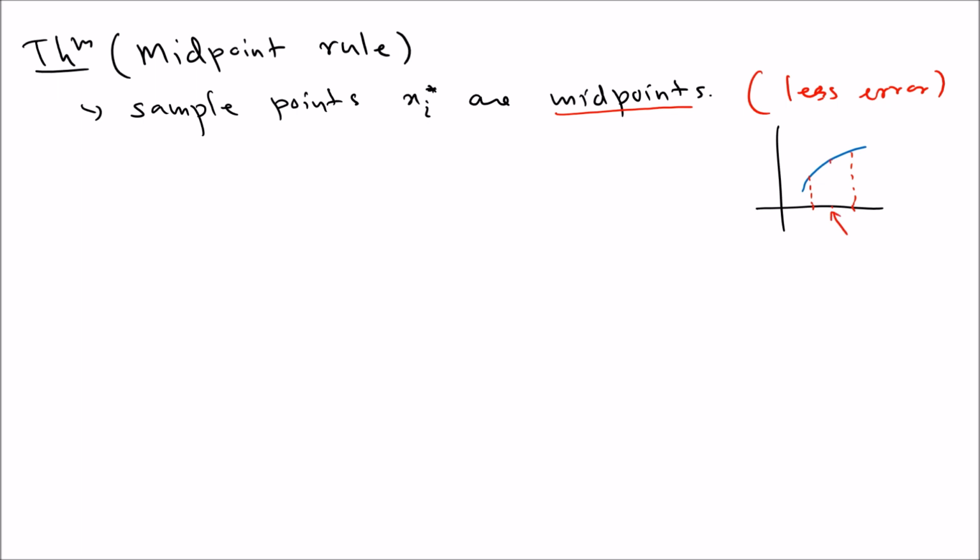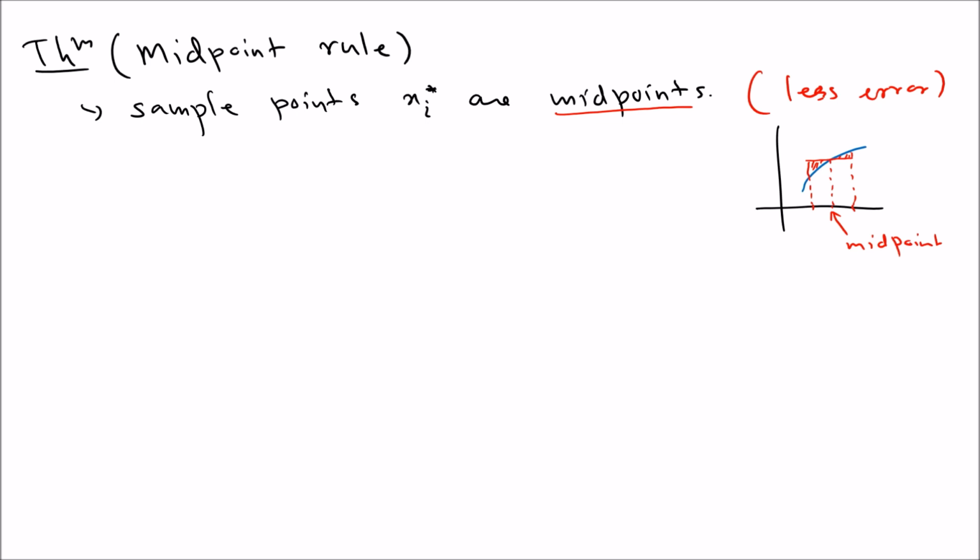Once you pick the middle point, that's the area we're talking about. In this case, there's an overestimate here and an underestimate there. You can see they are kind of close to each other, so the error is small. That's the benefit when you pick the midpoint. The error is small because they kind of cancel each other. Not exactly, but there's a pretty good chance that they cancel.